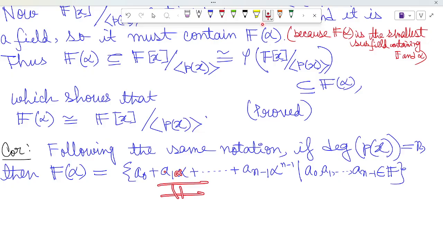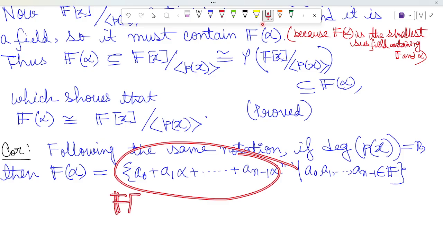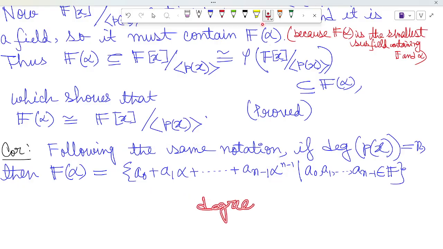The below thing need not be. F(alpha) is obviously of the form with some polynomial in the numerator and a polynomial in the denominator. But this corollary says that using this result we can say that F(alpha) is of the form of this thing. What is this? This is actually F(alpha) as a degree n polynomial.